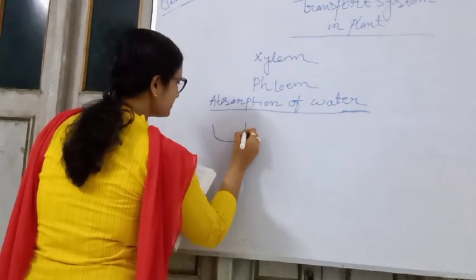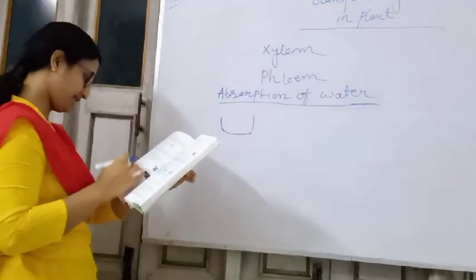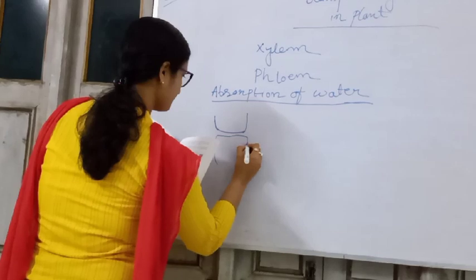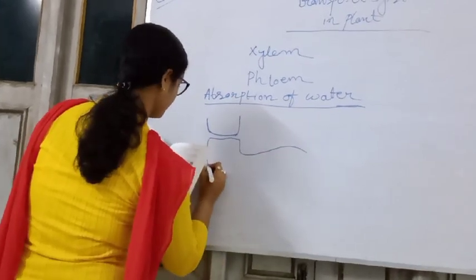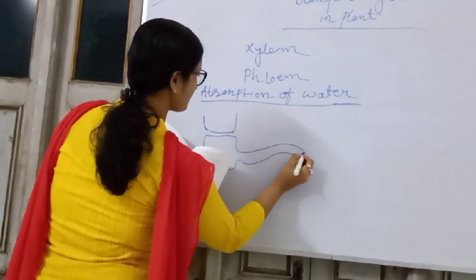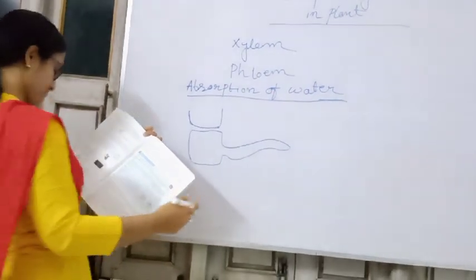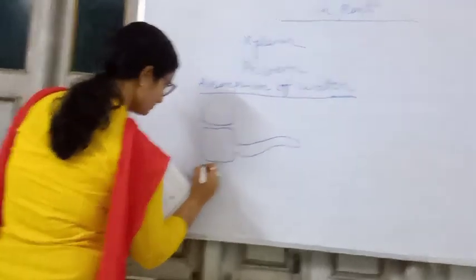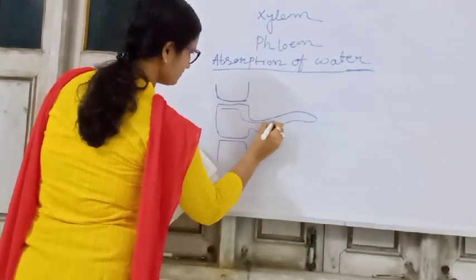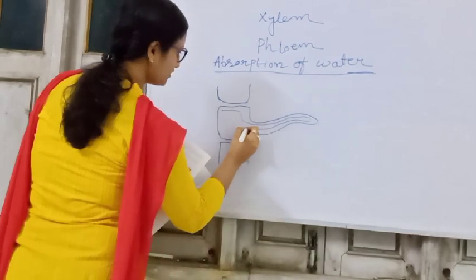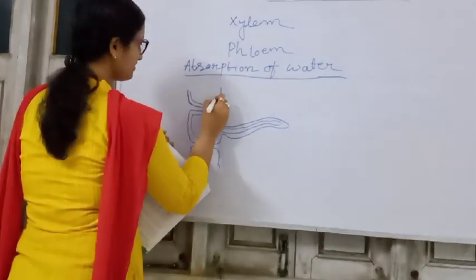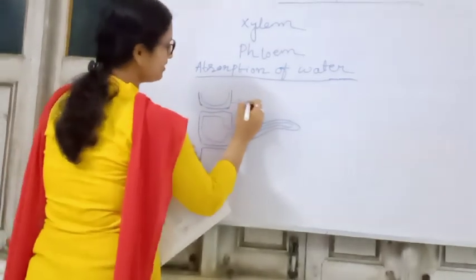Suppose this is the root hair. The first layer is the cell wall.